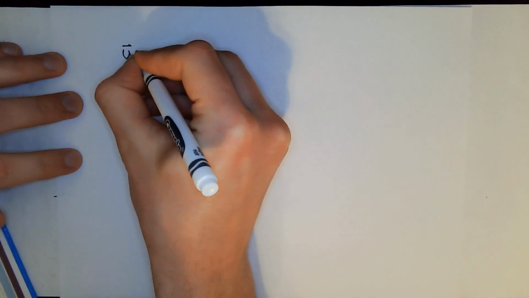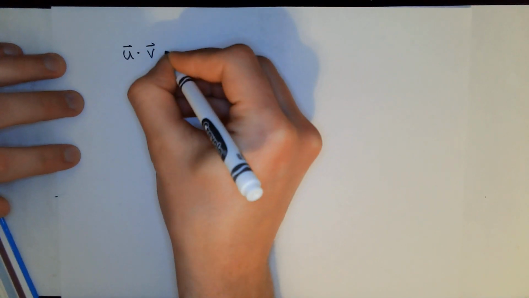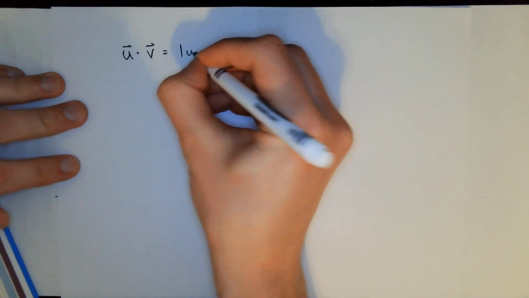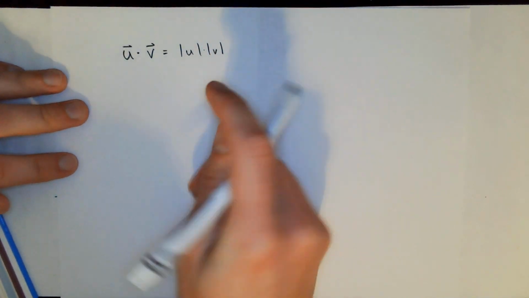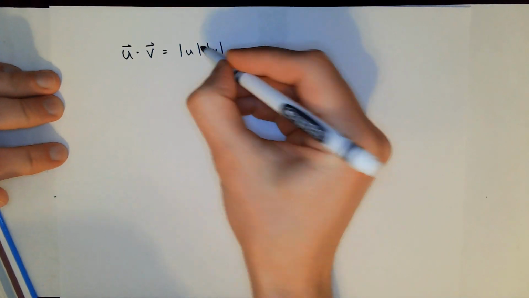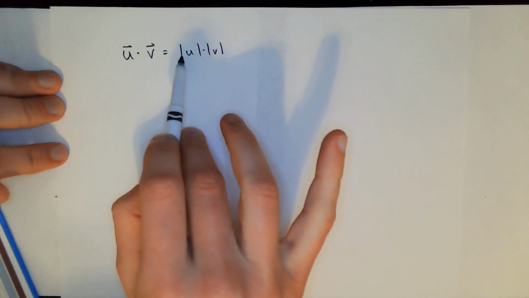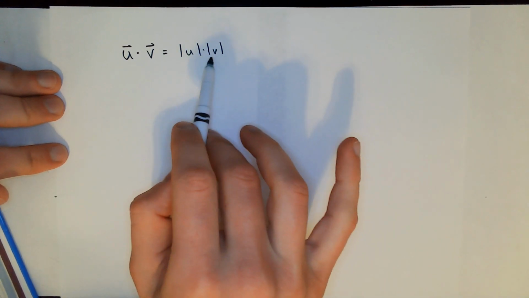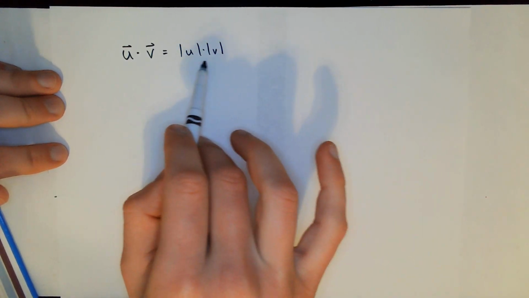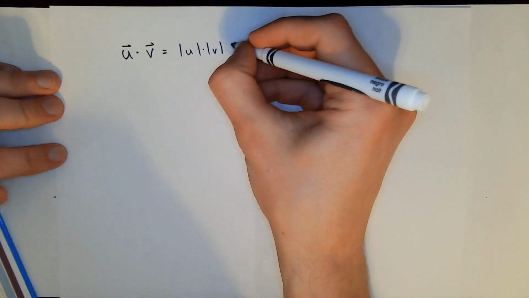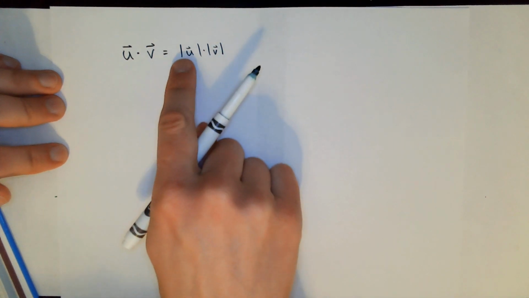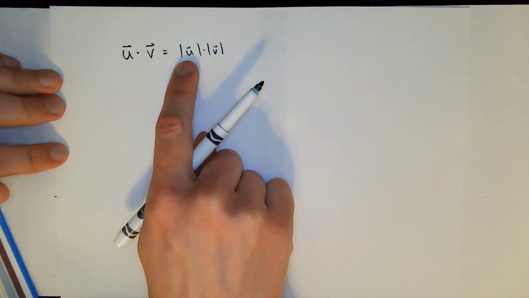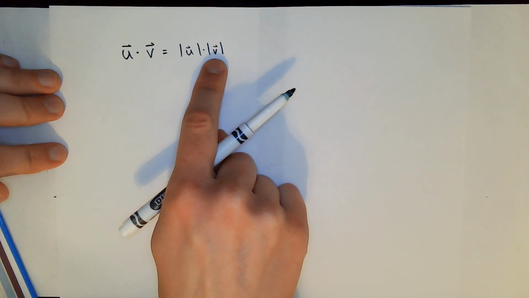So if we have two vectors, u and v, dotted together, we can describe this as the magnitude of u times the magnitude of v, so that would be a normal multiplication there, not a dot product, because the magnitude of u is a number, the magnitude of v is a number, so this is just like a normal multiplication, right? Inside there's still vectors, I should say. But the output of this magnitude would be a number, and the output of this magnitude would be a number.